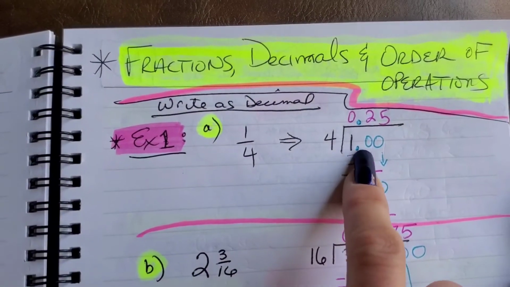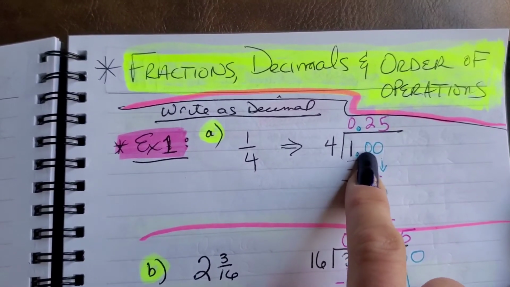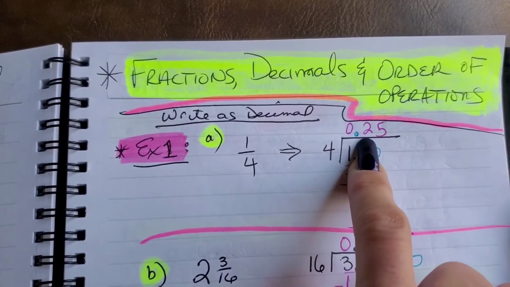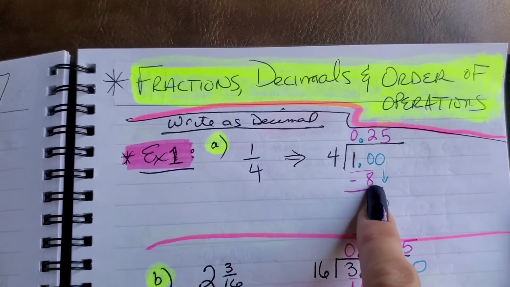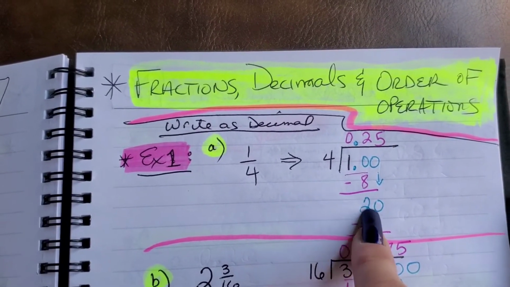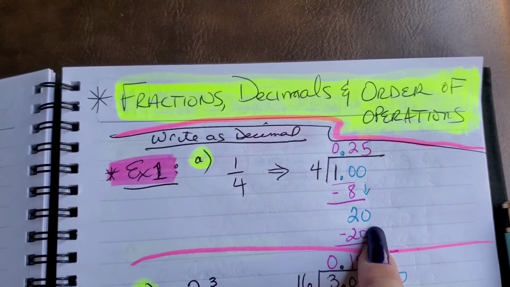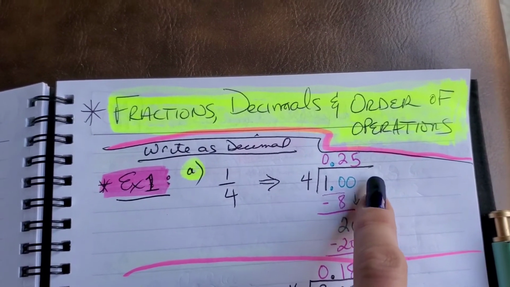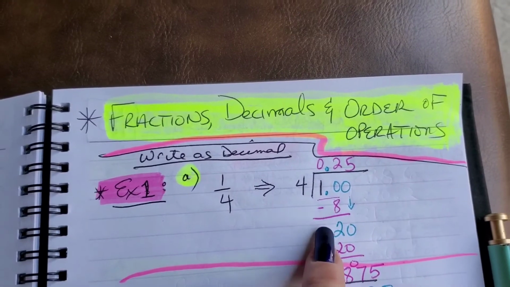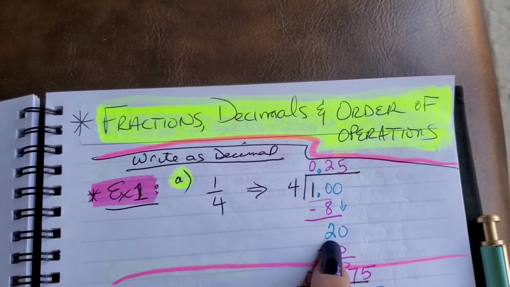We know that 4 does not divide into 1, but does 4 divide into 10? Yes, 2 times. 2 times 4 is 8. 10 minus 8 is 2. Then that's what the other 0 is for. Bring it down. And again, if you needed more zeros, you would just tack them on to the end, all right? Now we start over. 4 divides into 20.